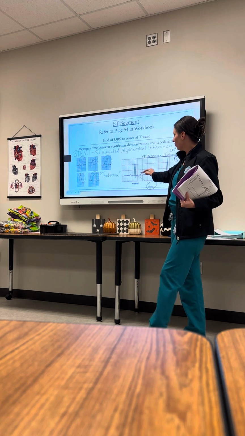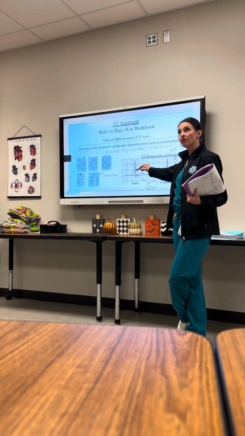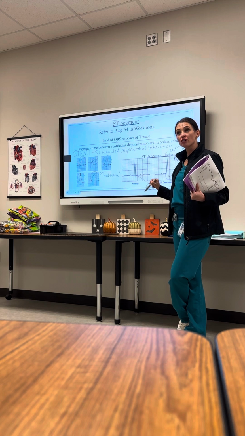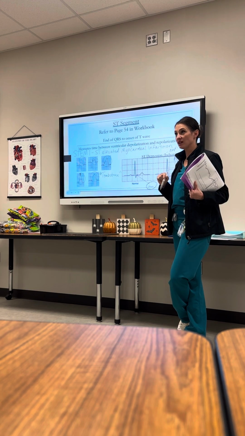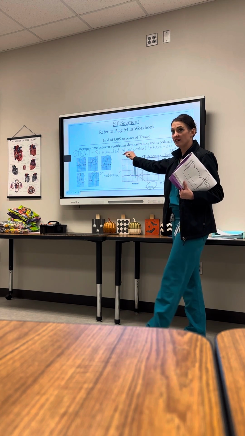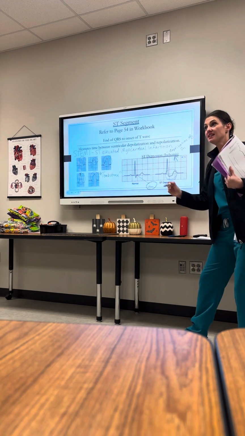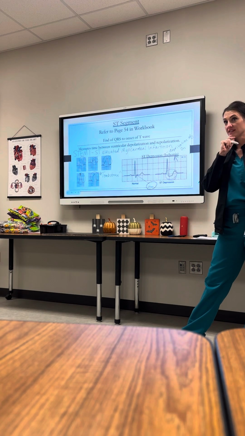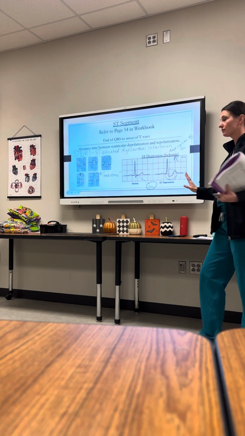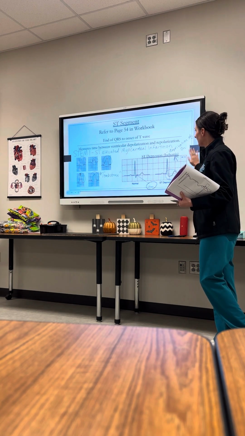But if this J point is 3 or more small boxes off of the isoelectric line, then I can call it either a STEMI if it's positively deflected or ST depression if it's negatively deflected. Are you with me? Okay, let's label it.